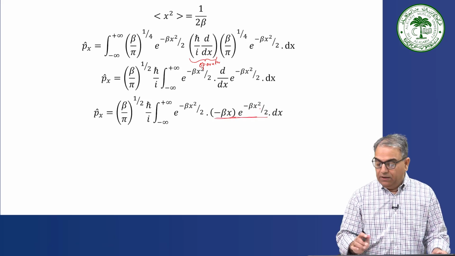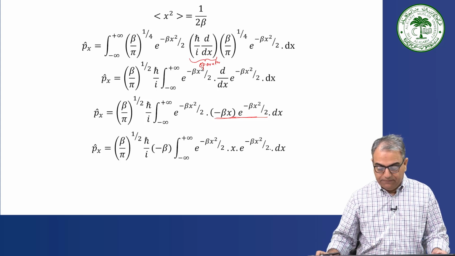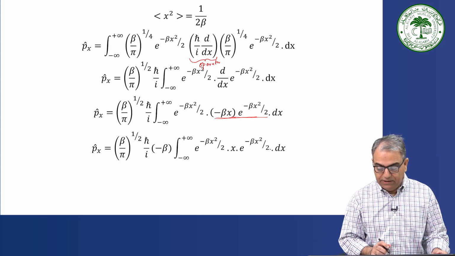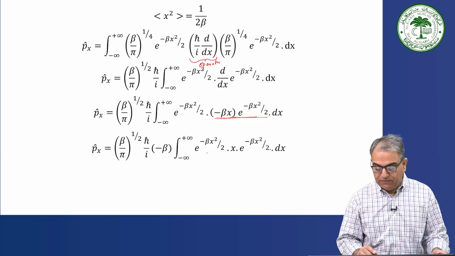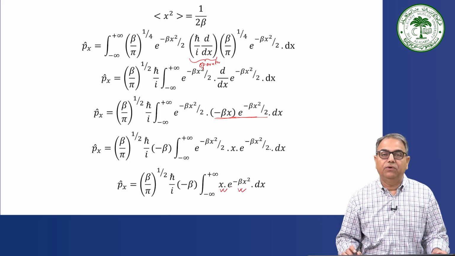Now if you rearrange this and bring minus beta outside the integral, then you have again x into exponential minus beta x square. Again you see an odd function and an even function, so this integral will become equal to 0.